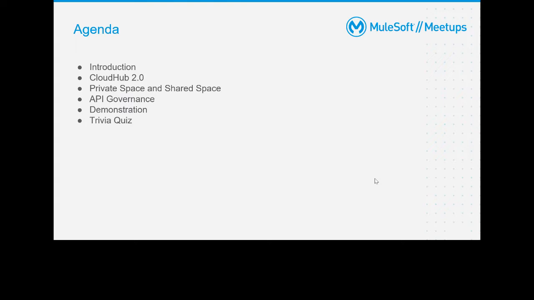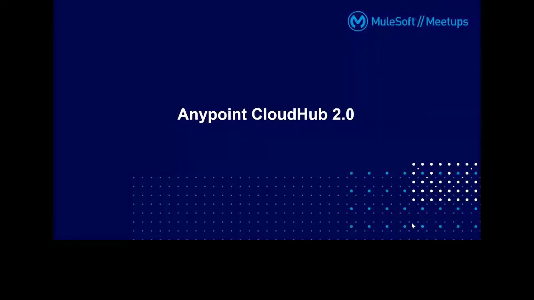Okay, so let me start with Anypoint CloudHub 2.0. As you are aware, MuleSoft initially introduced CloudHub 1.0, where you can deploy your application on an EC2 instance basically. When you deploy an application on a worker, it creates an AWS EC2 instance in the backend.